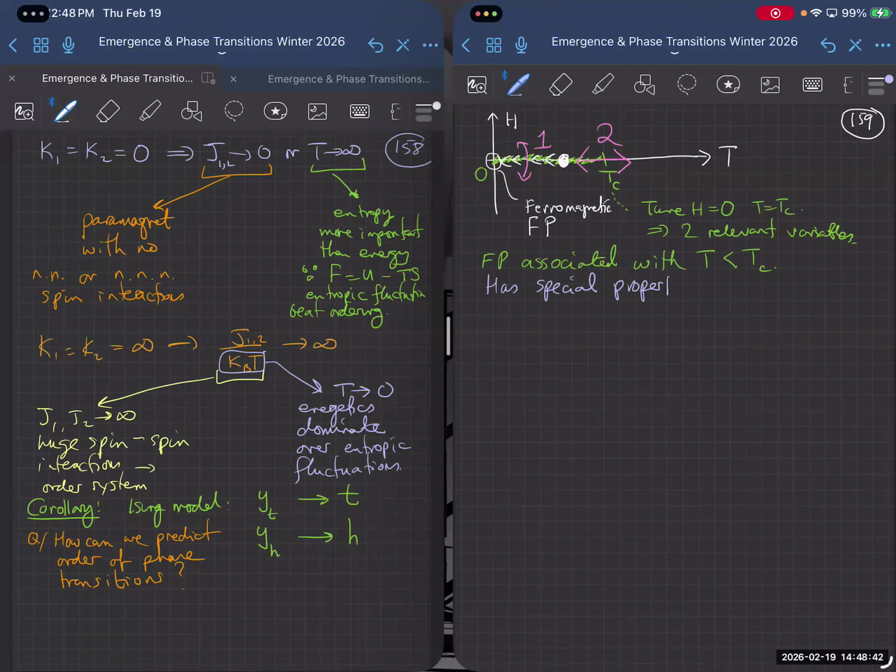And what I want to mention is that if I look at the critical exponent, the eigenvalue y_H associated with that fixed point in the H direction, then that is equal to d, where d is the dimensionality of the system.